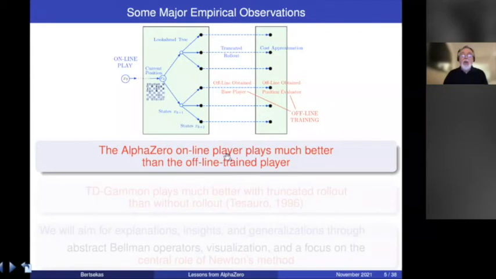The online player of AlphaZero is just a phenomenal chess player. By contrast, the offline player is relatively mediocre. And so there's tremendous performance improvement by having online play on top of offline training.